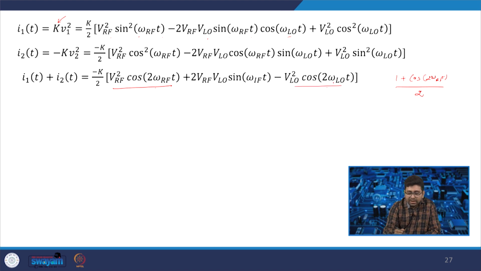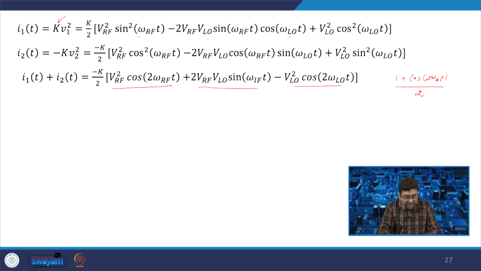So it is omega IF, and when cos omega RF and sin will multiply and be added, you will get a sin omega IF t. So this is how the mixer will work. We will get the IF frequency output, that is sin omega IF t, and the 2 omega RF and 2 omega LO can be filtered out.